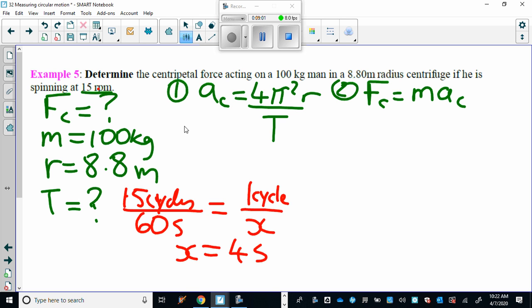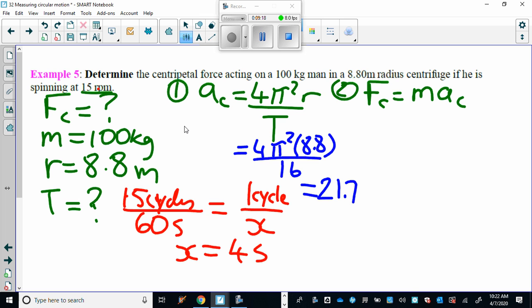And now we can just plug that into this formula here. 4 pi squared r over t squared. Oh, that should be 4 squared is 16. That's going to give you an answer of 21.71.